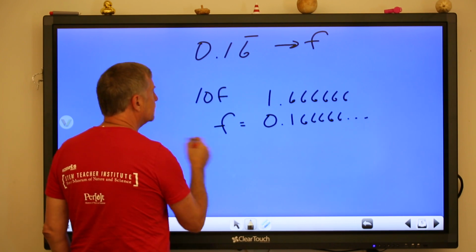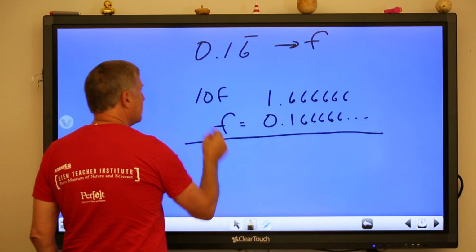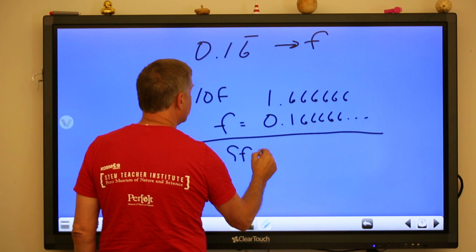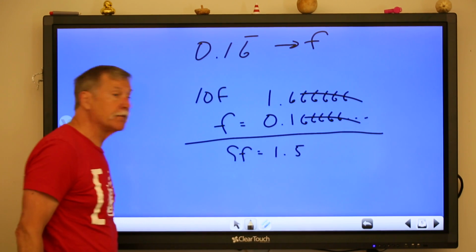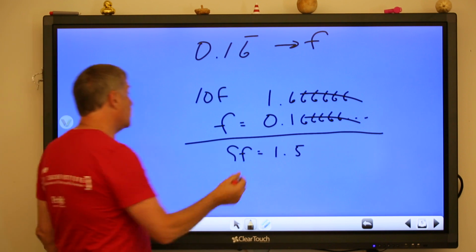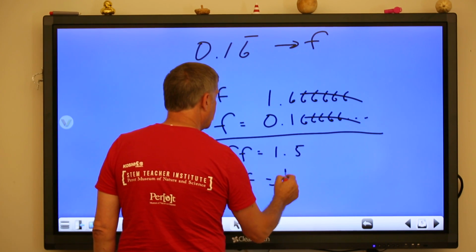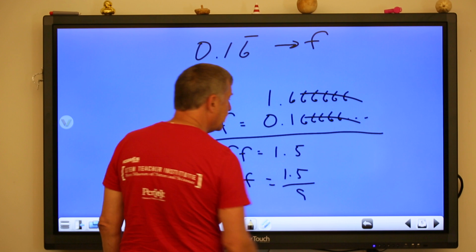Same pattern. All right. And now when I do the subtraction, I get 9f equals 1.5, and all these guys go away. All right. So I divide by 9, 1.5 divided by 9.